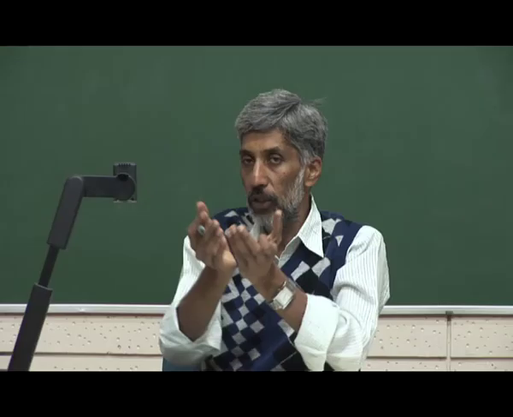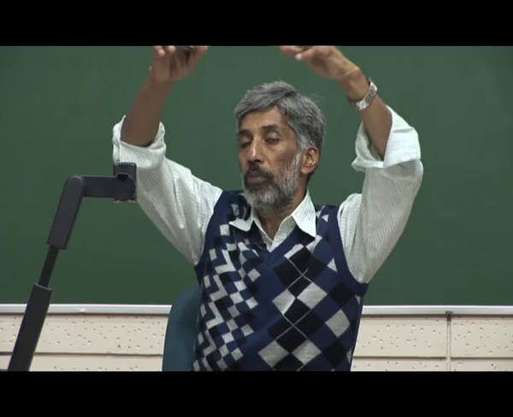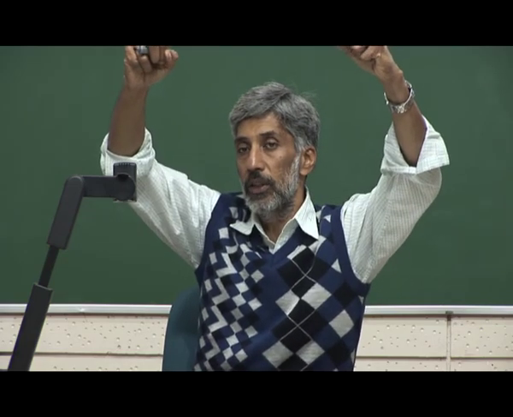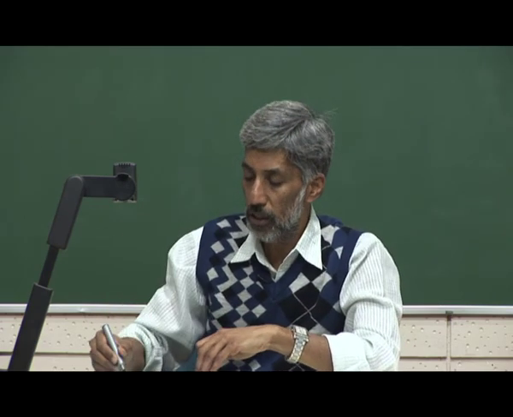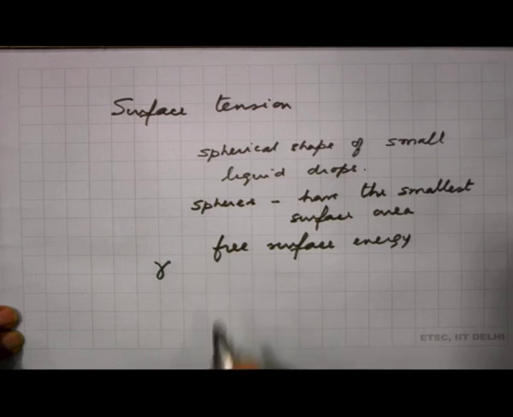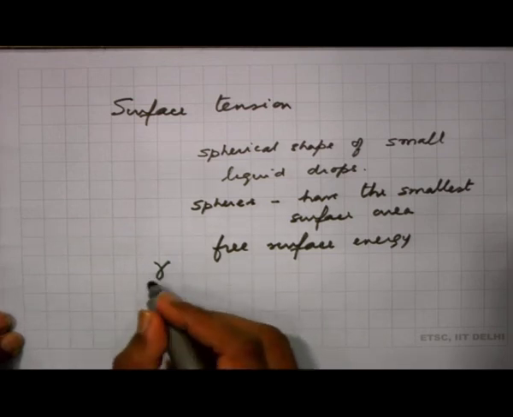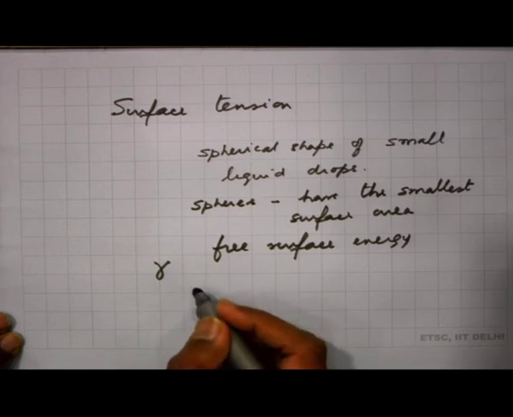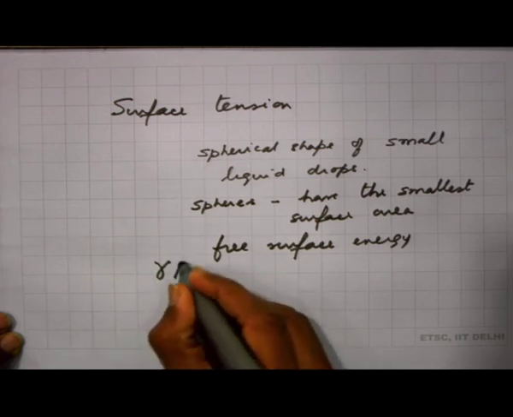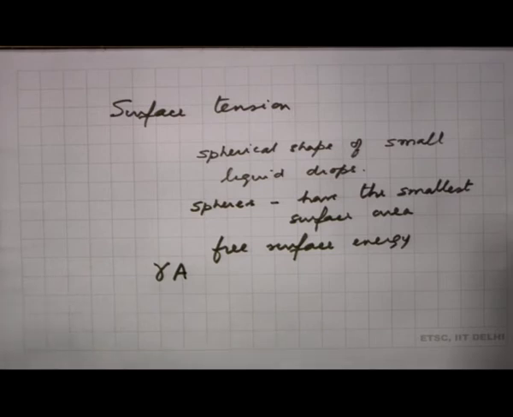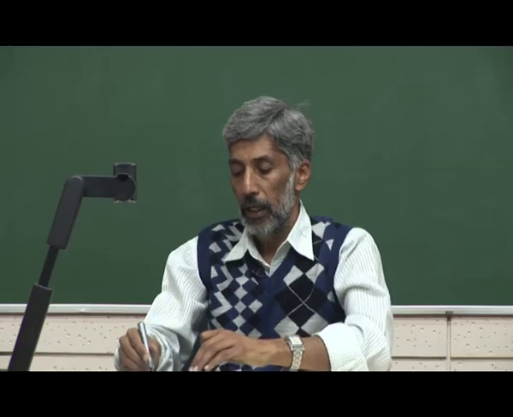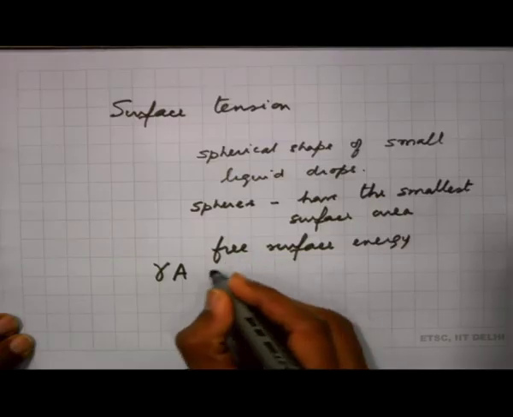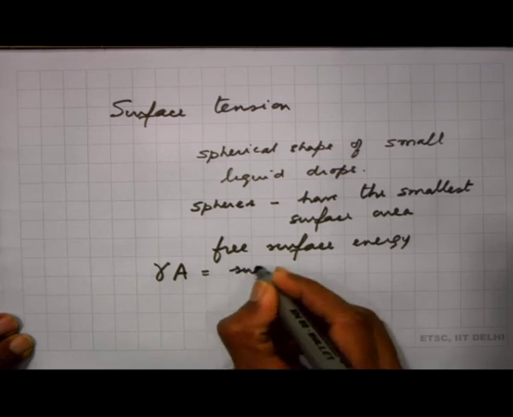If you took a drop or droplet and you expanded it, increasing the surface, the energy that you have to provide to increase the surface area is called the surface energy gamma, and the energy you will need to provide is gamma times A. So, if you have a droplet of area A, gamma times A will be the surface energy.